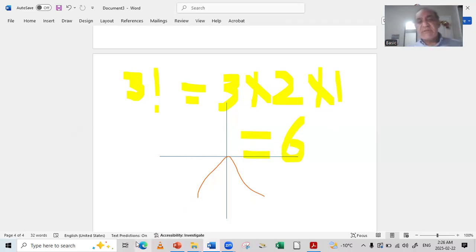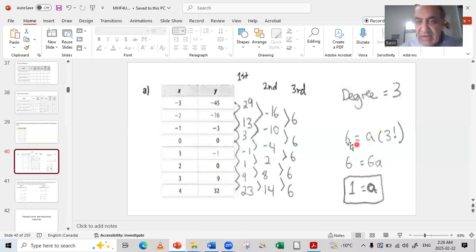I just want to see how much a will be, because a is the leading coefficient of the highest degree.